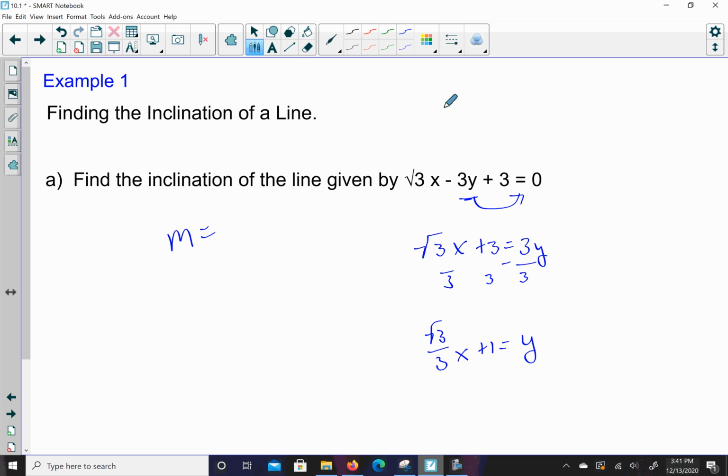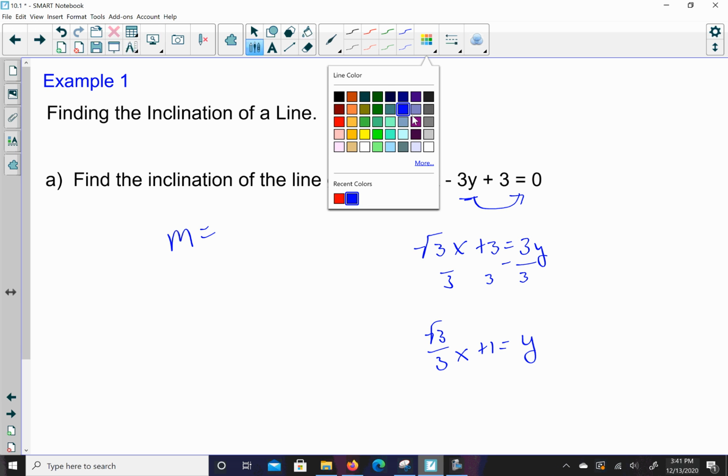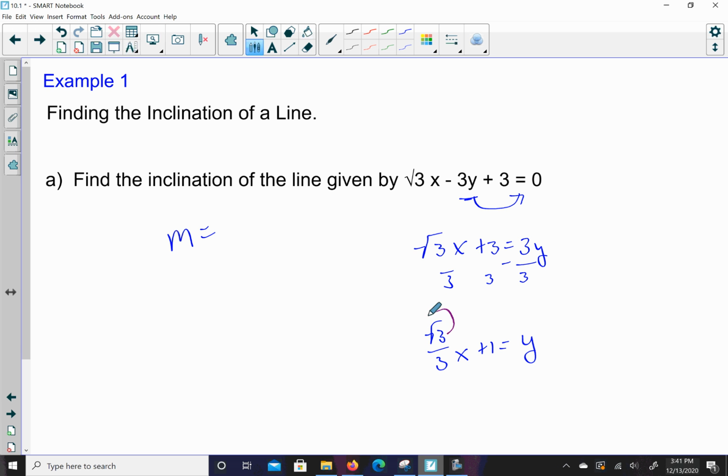I only care about my slope for these particular problems, so my slope is equal to the square root of 3 over 3. Then I ask myself, the tangent of theta is equal to the square root of 3 over 3. That's a unit circle value that I should know, and I recognize that as 60 degrees, or pi over 3. So the inclination of that line is either pi over 3 or 60 degrees, either one.